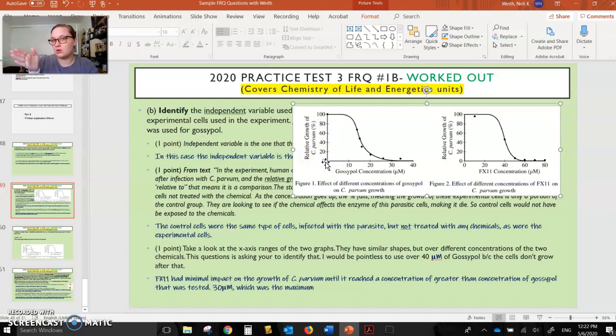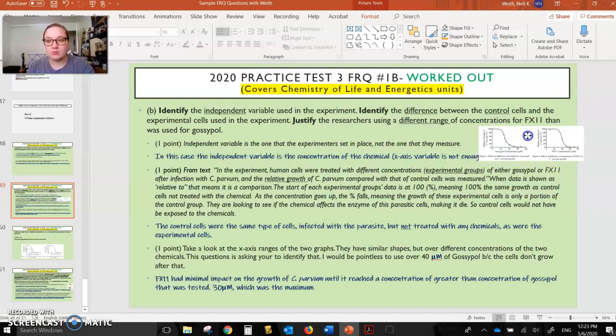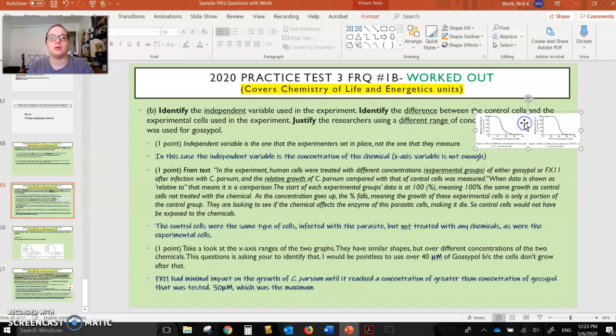If you add 10, no effect really. If you add 20, we're dropping. At 30, we're dropping, right? So it's the addition of that chemical in the experimental groups, but your control group would have had no chemical added whatsoever.